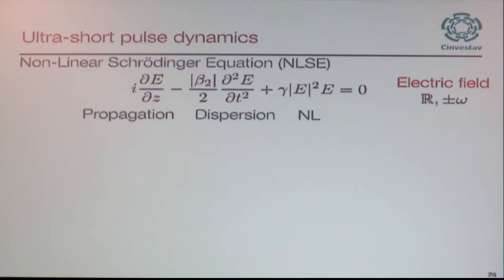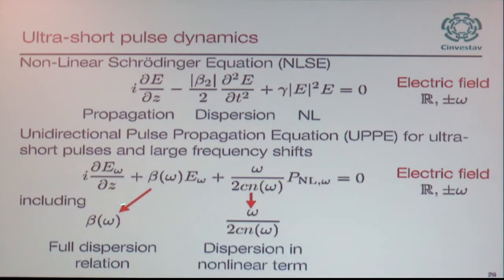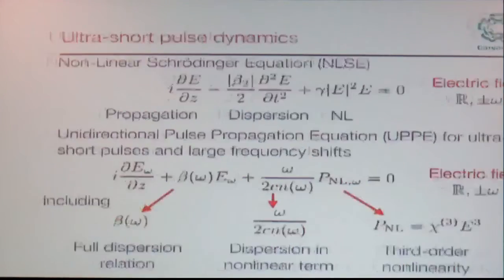But in this way, you can make it explicit. This is the nonlinear Schrodinger equation that has the dispersion and the nonlinearity. Here, it's what is called the unidirectional pulse propagation equation, that is more general because it includes a full dispersion instead of just one term of the Taylor expansion. And dispersion in the nonlinear term is not present here, this is a constant, and it has a full clear ordered nonlinearity.